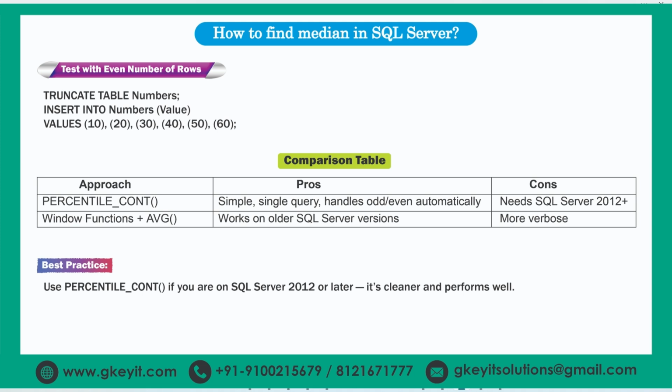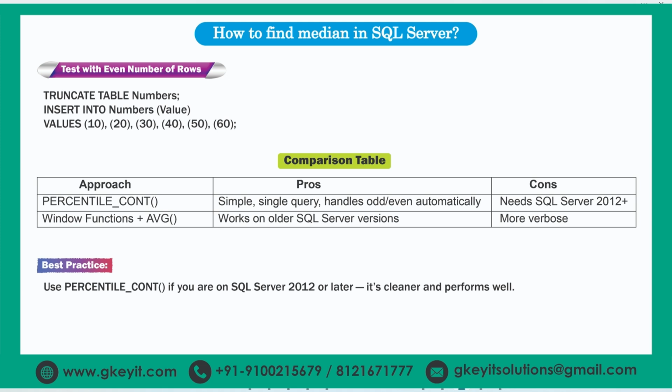And coming to the comparison table, coming to the approaches: the PERCENTILE_CONT function approach, the pros are that it is simple, a single query, and handles odd or even automatically, and the cons are that it needs SQL Server 2012 plus versions only.